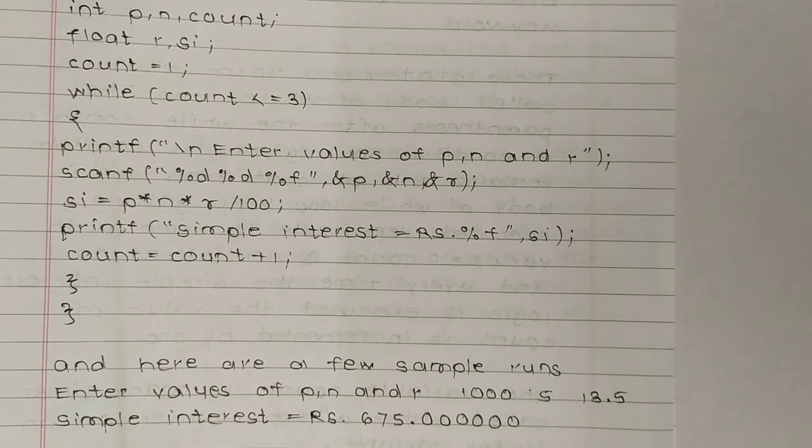Now printf "simple interest is equal to rupees %f" because that value is float, si, that is simple interest. Now count is equal to count plus 1, because we want to increase that count by 1. So this is the program.